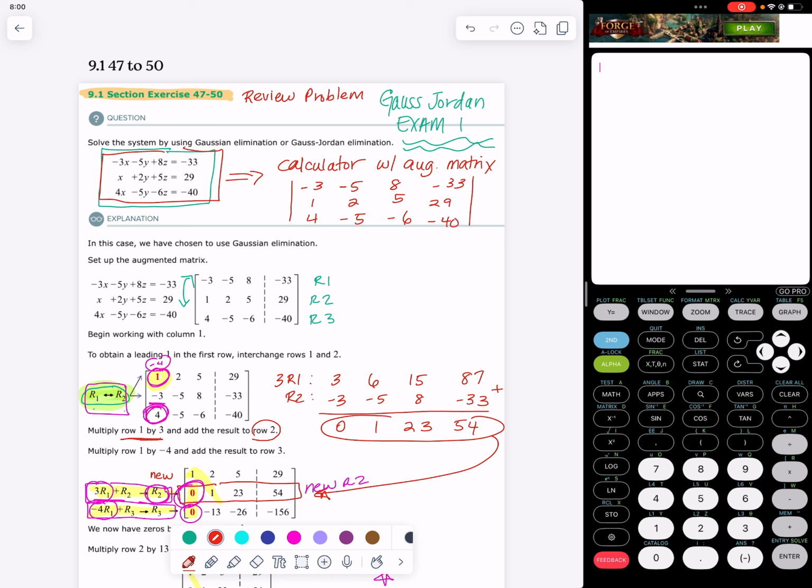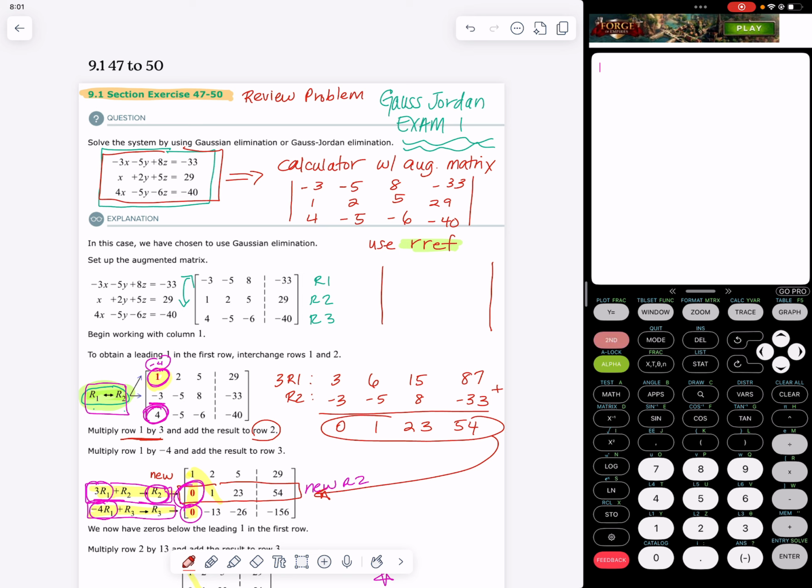So we are going to go into our calculator and then we are going to use reduced row echelon form. Make sure it is RREF, and then we will have a solution matrix. We'll go ahead and write that down when we're finished.